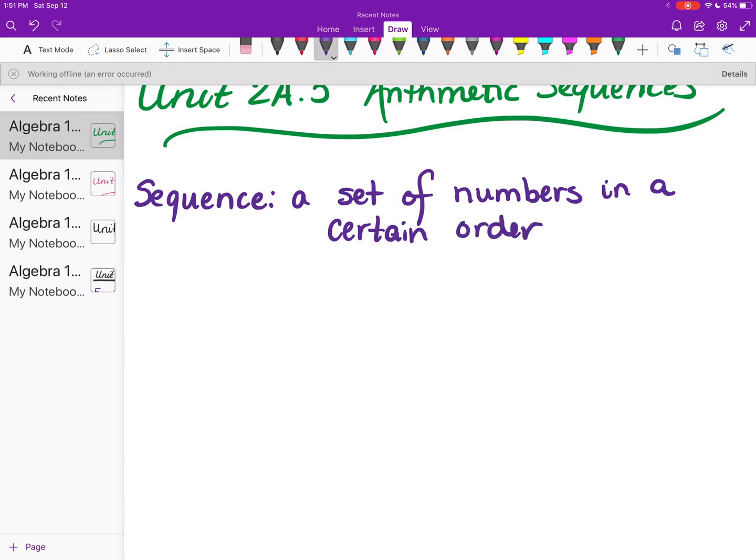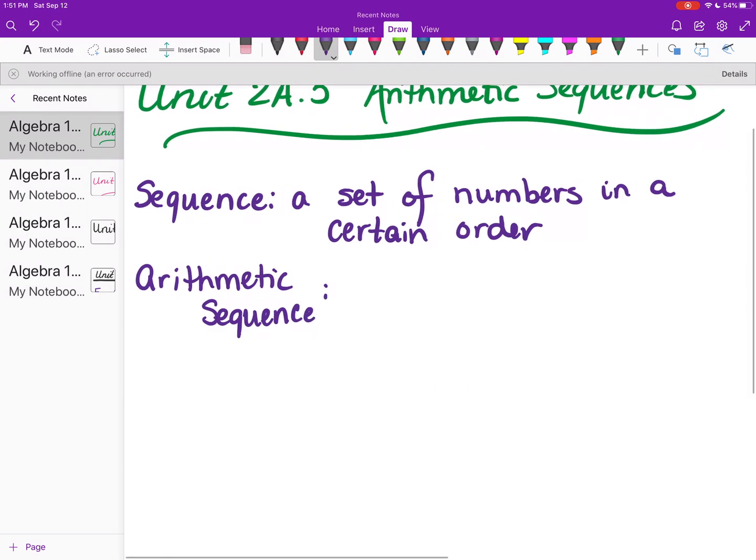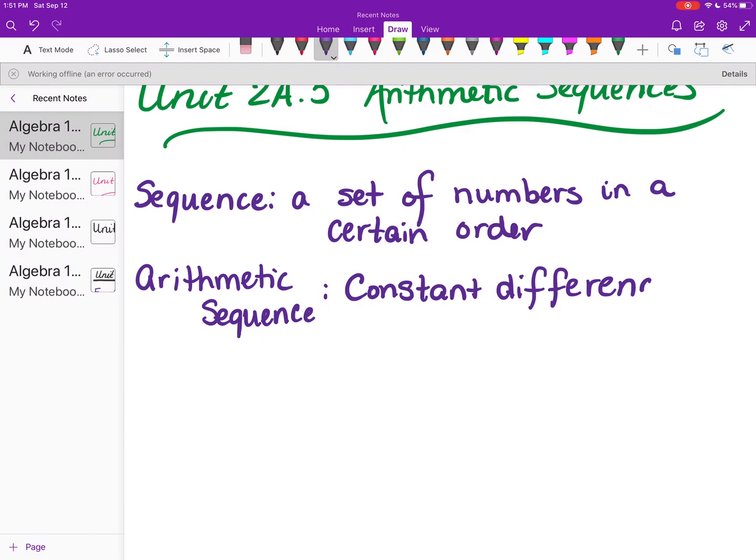If we're talking about an arithmetic sequence, it sounds fancy, but it's really arithmetic. In an arithmetic sequence, there's a constant difference. If we're talking about counting numbers, 1, 2, 3, 4, 5, the constant difference is plus 1. Every time we're adding one more as we count.